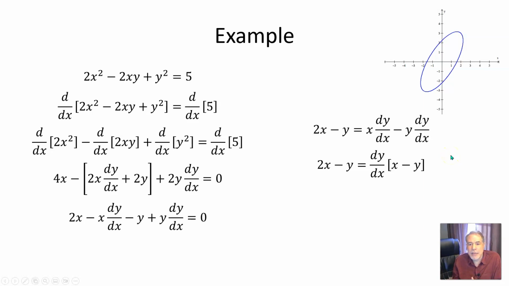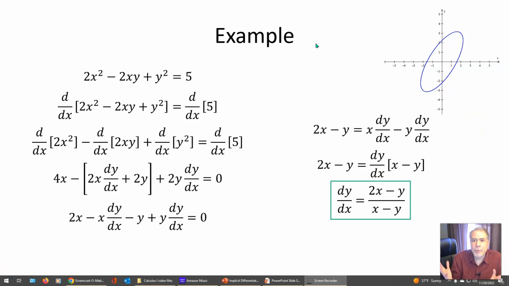And when I have dy dx times something and I want just dy dx, I can divide by the something on both sides. And I get that dy dx equals 2x minus y over x minus y. So that is dy dx. That is a formula for the slope of the tangent line, the line that is tangent to that ellipse at any given point on the ellipse.